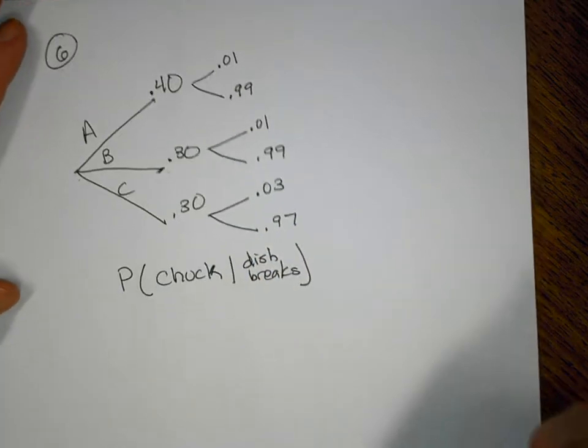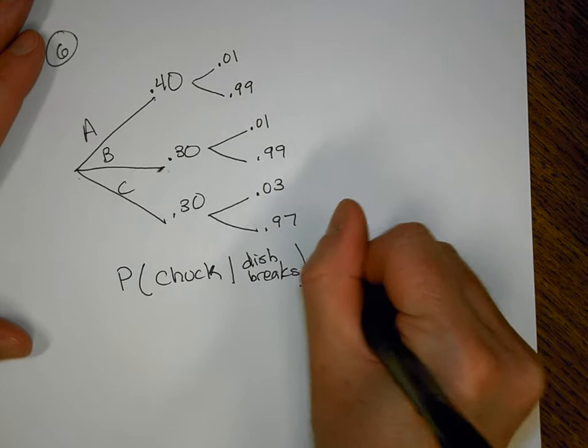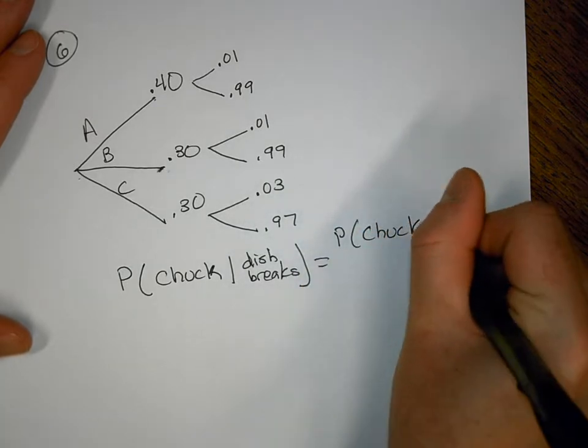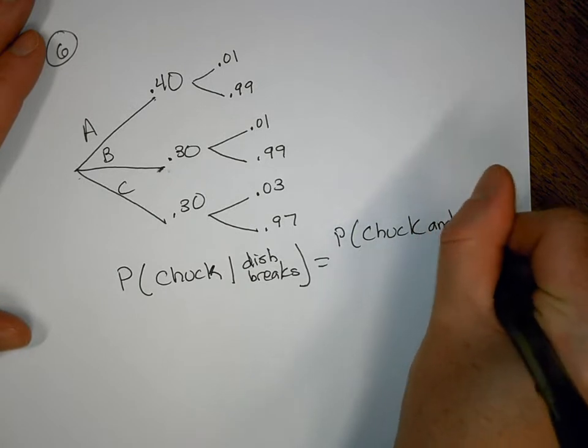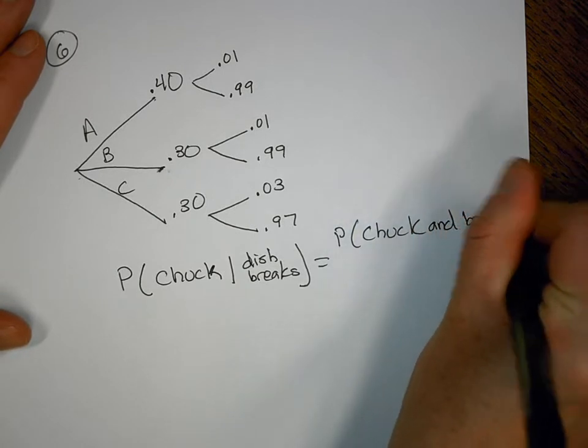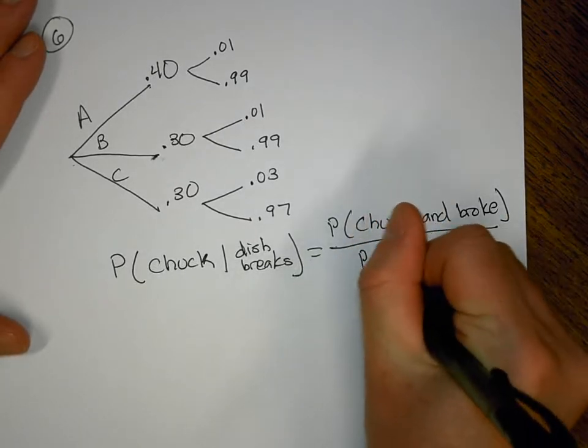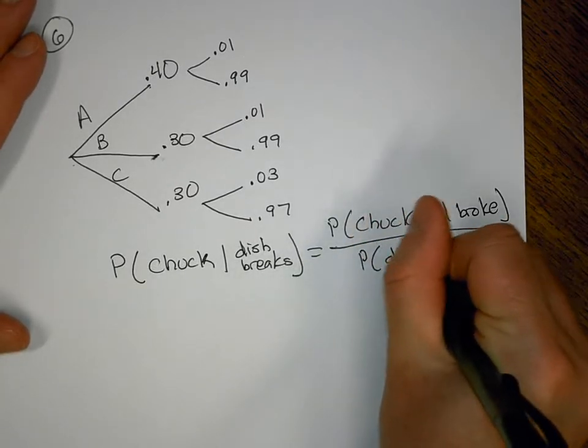So that formula, probability of A given B, was the probability of it being Chuck and broken dish over the probability of all those dishes breaking.